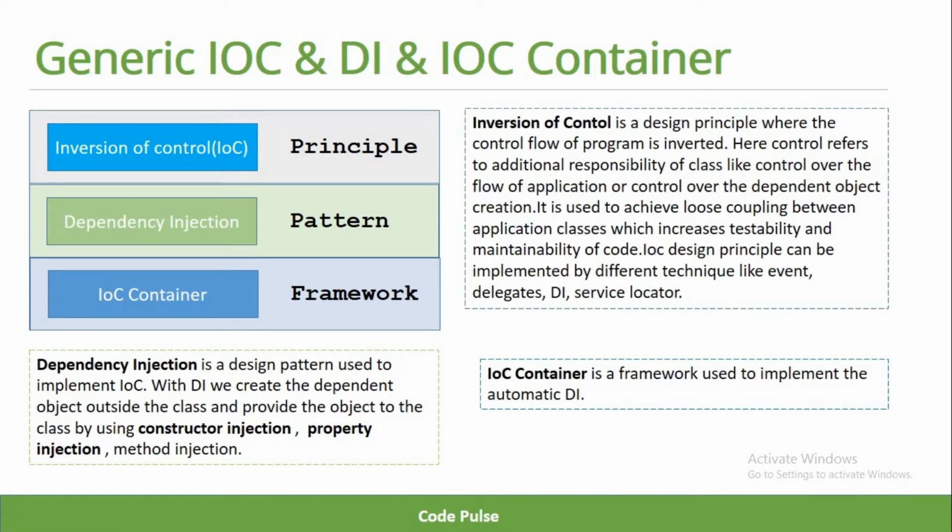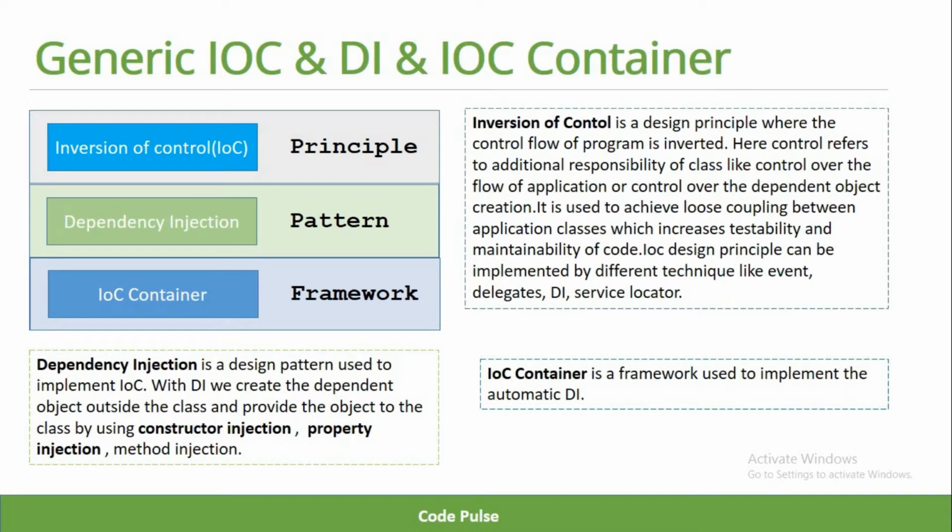Suppose you are creating a GUI application where you have two text box and there is a button. What you want is that you will provide the values to the text box, and after that you will click on the button and you will get the sum of those two numbers, right? Now whenever you click on the button, how the event will be generated, how the event will be propagated to the operating system, that is not the developer's part.